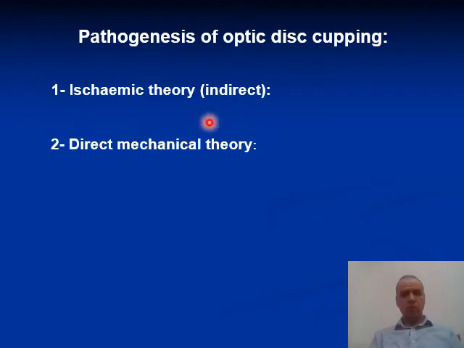There are two theories by which we can explain the pathogenesis of optic nerve damage and enlargement of the CD ratio. The first one depends on the perfusion pressure to the retinal tissue and optic nerve head. This perfusion pressure depends on the difference between the blood pressure inside retinal blood vessels and the intraocular pressure.